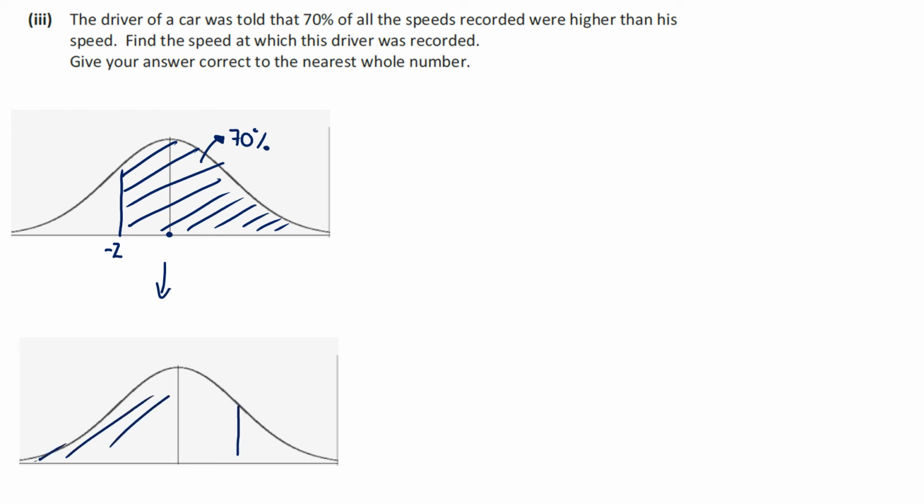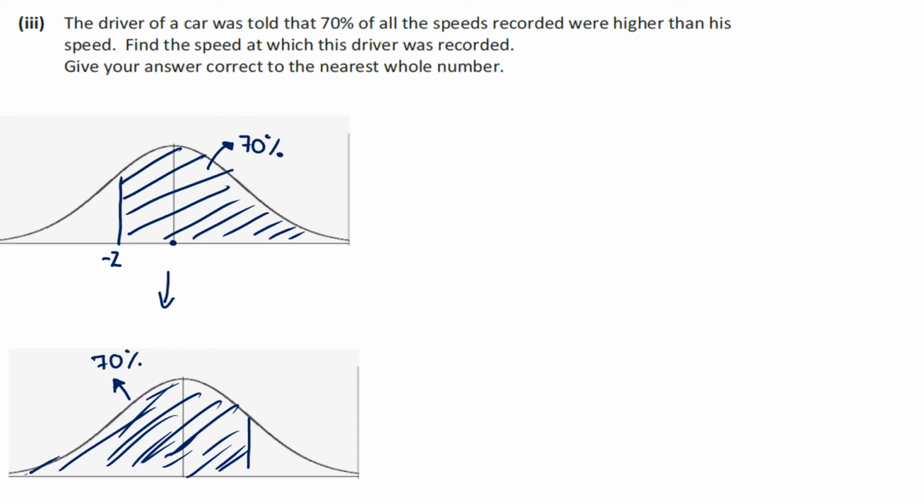So this probability, or this area to the left of this new line, should equal that to the right. So let's say that this is 70%. The area will be the same. Now what I've done is I've actually created a positive Z which mirrors the negative Z.